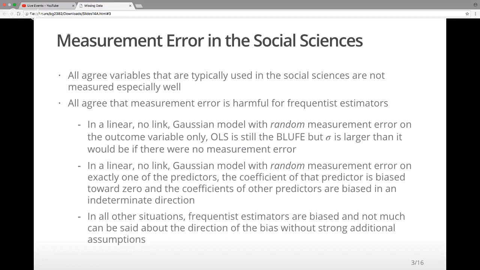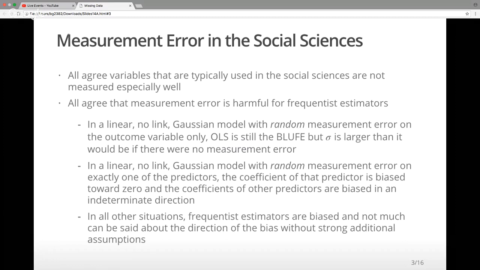Moreover, part two, it's been known for decades, at least among methodologists, that measurement error is harmful, particularly for frequentist estimators. Now, there are a couple of exceptions that I think are probably overly utilized, but it's worth going through what those exceptions are. In a plain linear, no link function, Gaussian model, the best case scenario is you have random measurement error on the outcome variable.